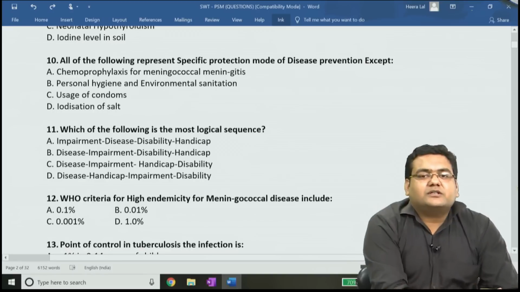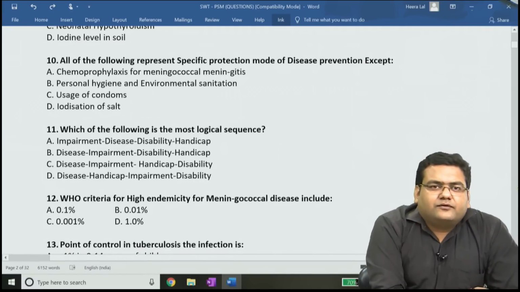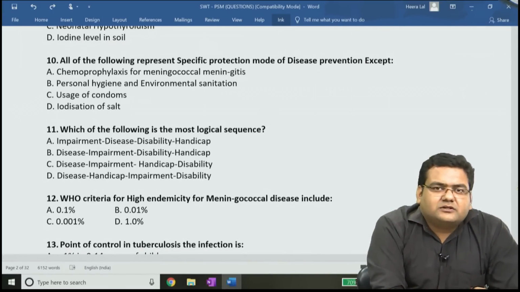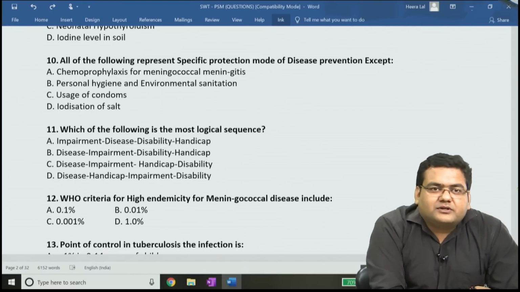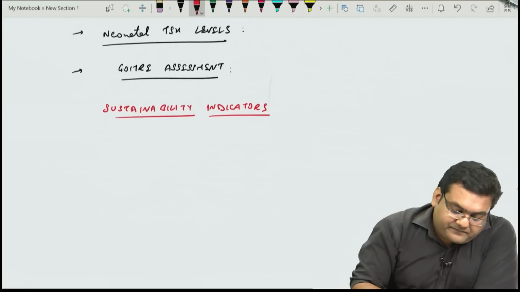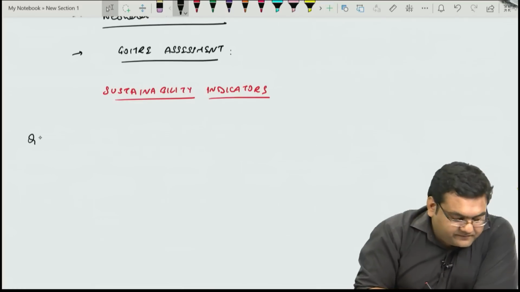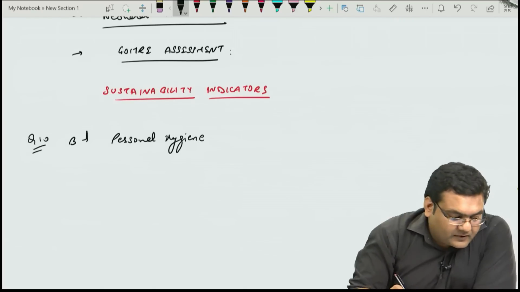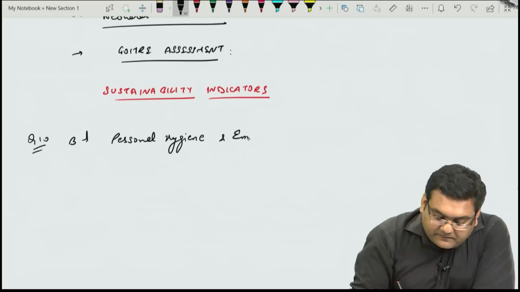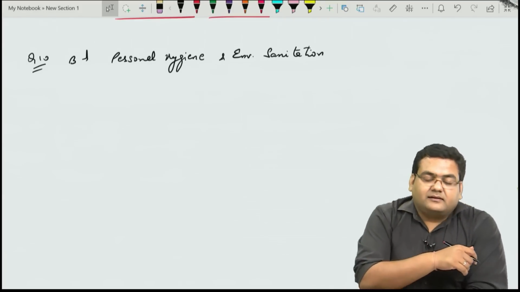Next question, that is question number 10. All of the following represent specific protection mode of disease prevention except. The correct answer to this is option B, that is your personal hygiene and environmental sanitation.